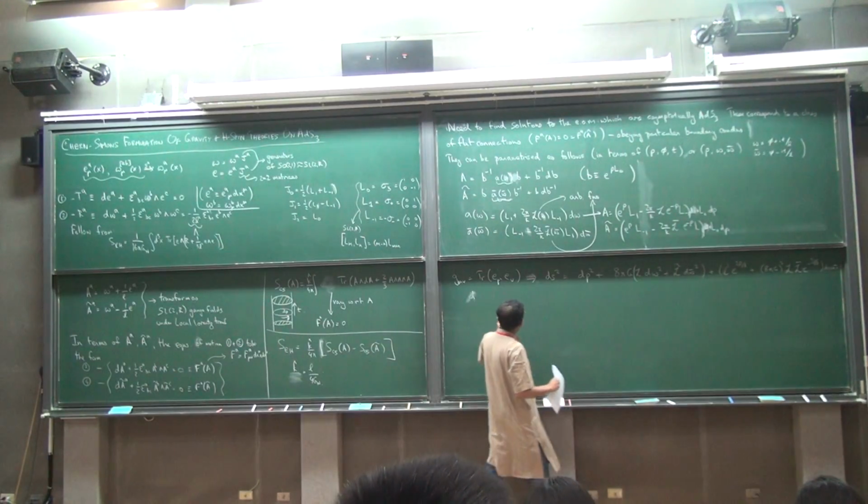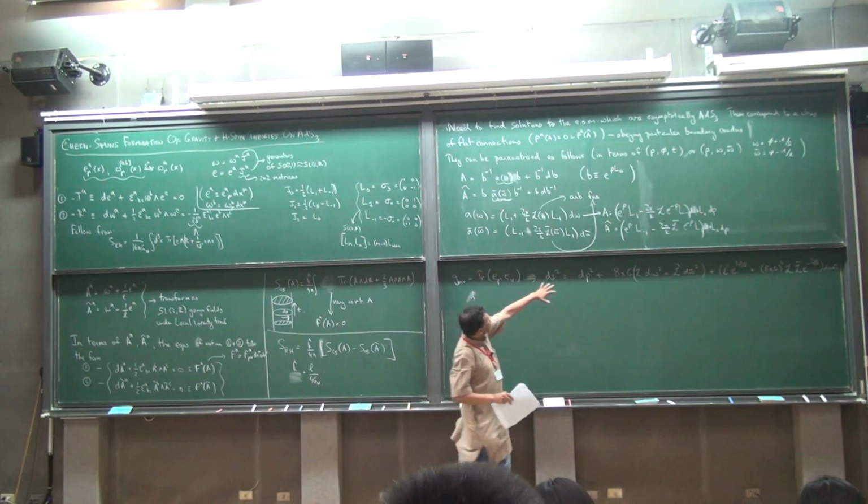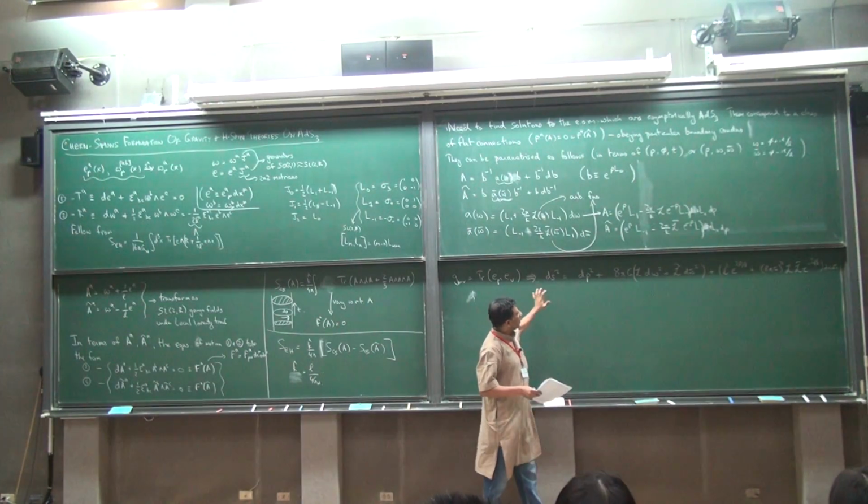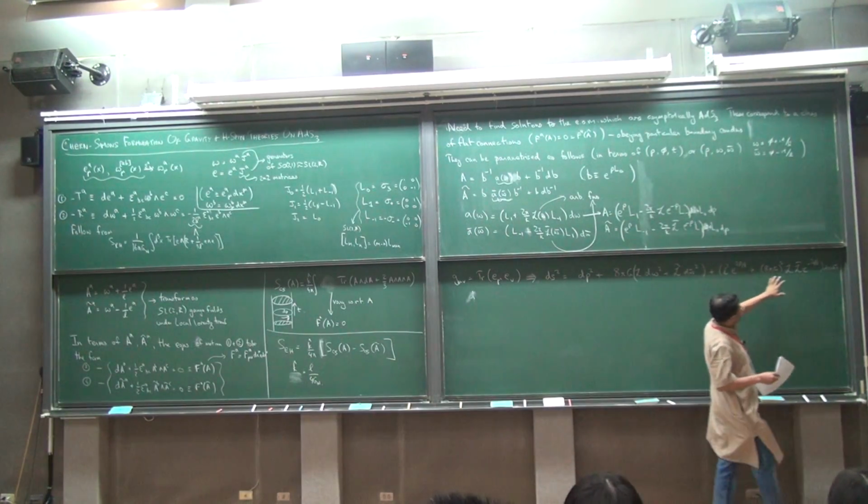So if you take this form of A and A tilde and write out the metric, it looks like this.